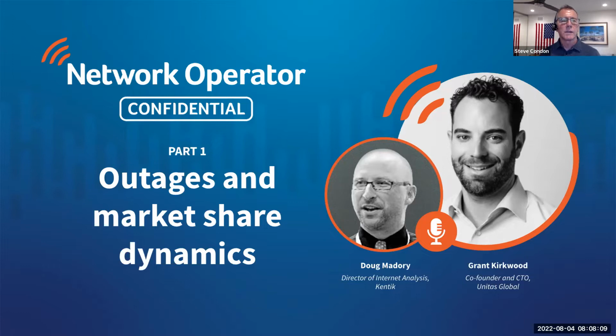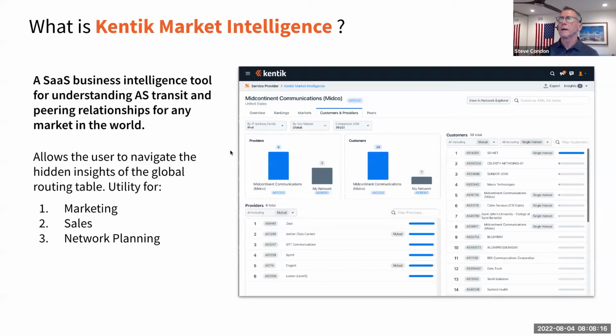So with that being said, let's jump into KMI. We launched KMI earlier this year to enable Kentik customers to easily navigate rankings and insights of the global routing table.